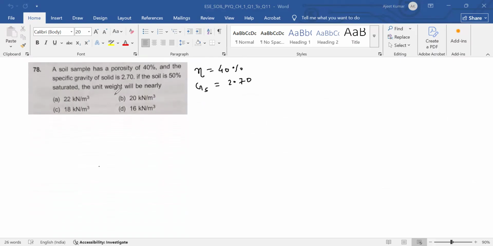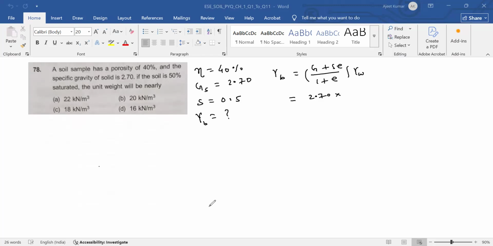If the soil is 50% saturated, if S is equal to 0.5, the unit weight will be nearly? So gamma is taken as gamma bulk. The formula for gamma B is (G plus SE) divided by (1 plus E) into gamma W.